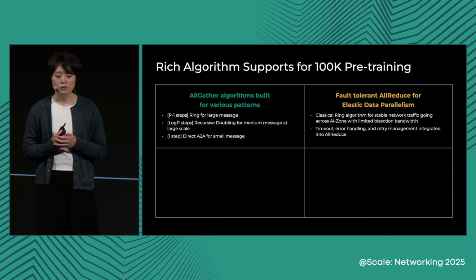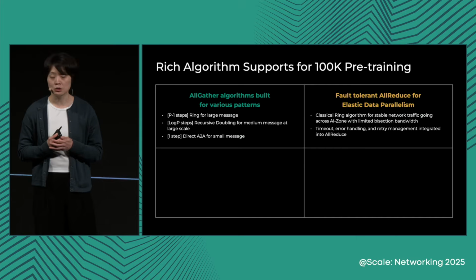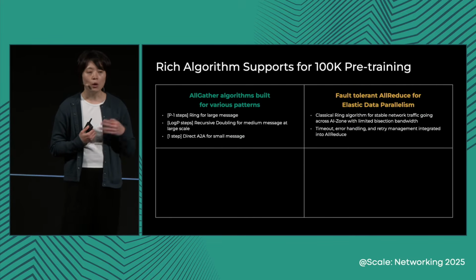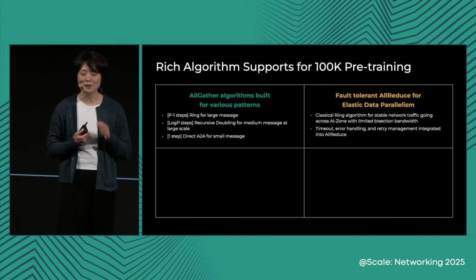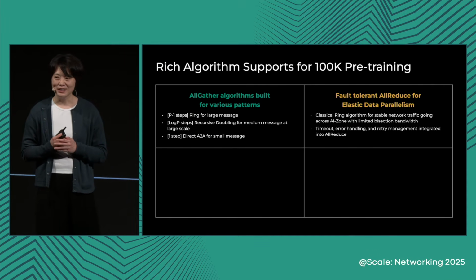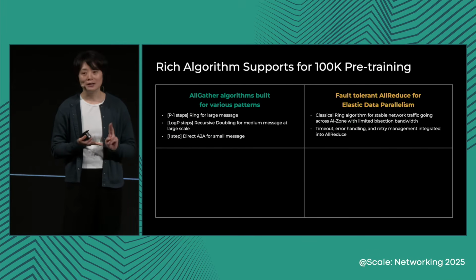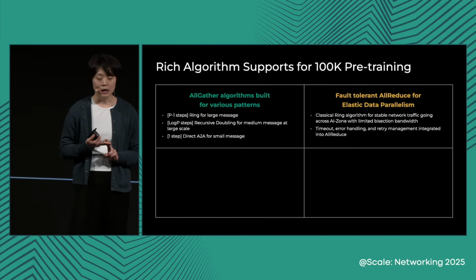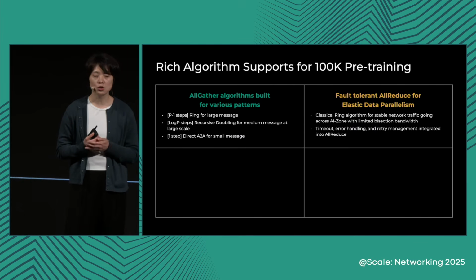As part of our Llama 4 strategy, we enabled elastic training as an option in the data parallel domain, where the all-reduce is performed across replicas. As this requires, we enabled the all-reduce to be fault tolerant. Specifically, we want to enable timeout management, error handling management, and retry management. Later in this session, there will be a next talk introducing the details of our elastic training.